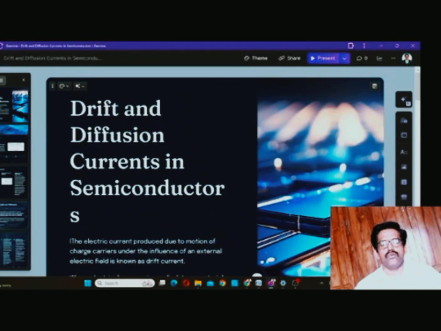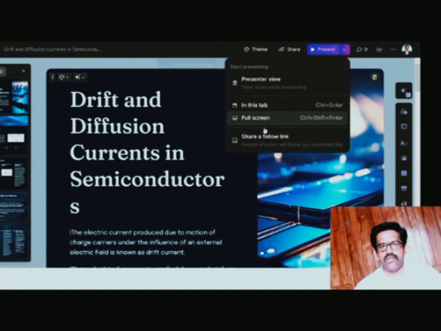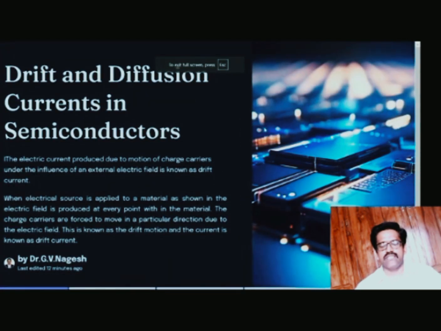Good morning. Today we study drift current and diffusion current in a semiconductor. We already studied the classical free electron theory. In it, we observed that electrons move in random directions in a metal.